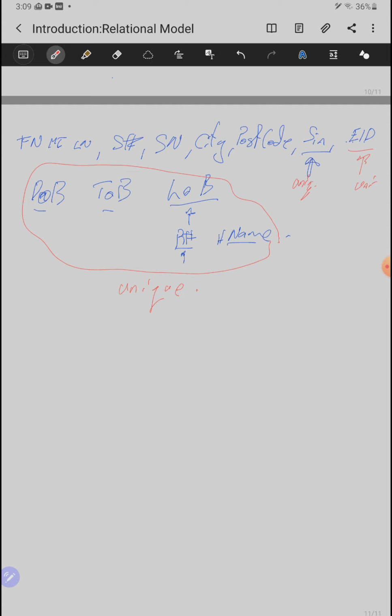Now here's the thing. What are the candidate keys? This is a candidate key because social insurance number is unique. What that means is SIN plus name is a super key, and SIN plus city and SIN plus anything, these are all super keys.